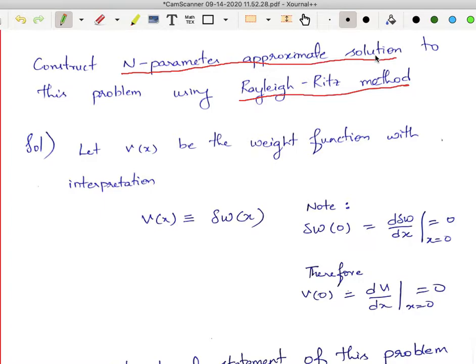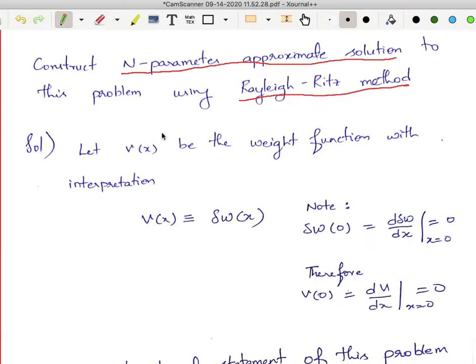Now, what is the basic thinking in any of the variational methods? In any of the variational methods, what are we doing? We either satisfy the weighted integral statement or the weak form statement. In the Rayleigh-Ritz method, we are going to satisfy the weak form statement for some set of weight functions.